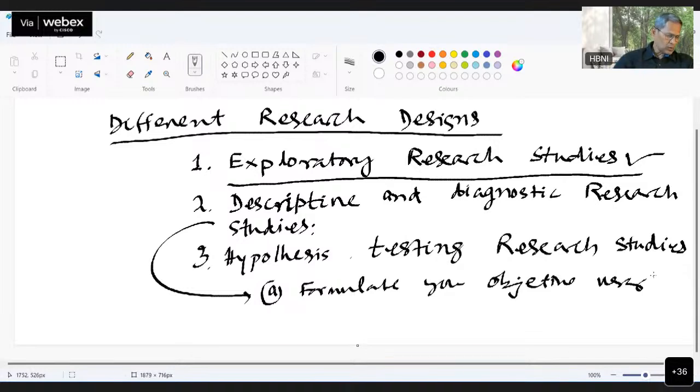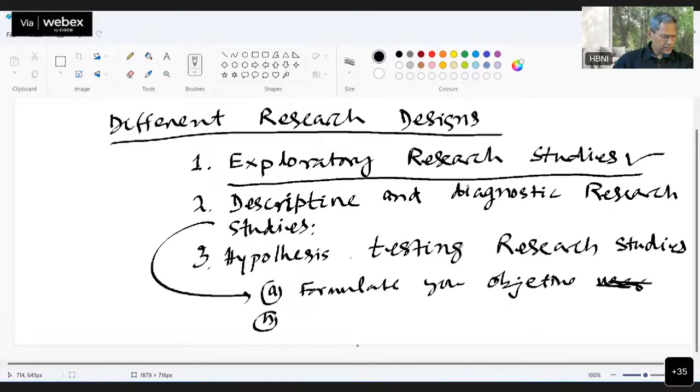The specific objective needs sufficient precision to ensure the data collected are relevant. You have to be very sure that the precision you want is well defined, and all the data you collect will be relevant. That's important. Formulating your objective is one of the aspects you have to see.